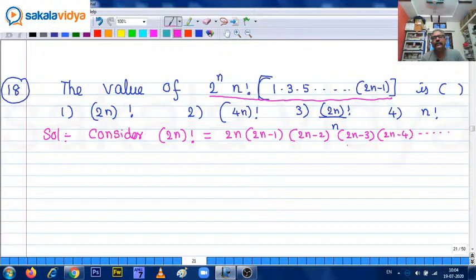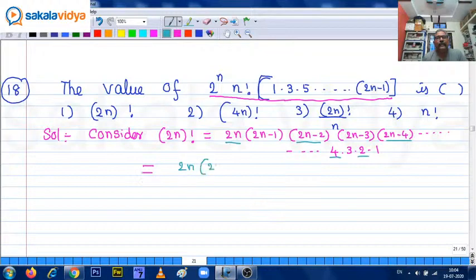It will continue up to 4 into 3 into 2 into 1. So in this product we have even terms and also odd terms. So first let us do one thing now. This 2n is an even number, 2n minus 2 even number, 2n minus 4 even number, 4 even number, 2 even number. Let us separate them.